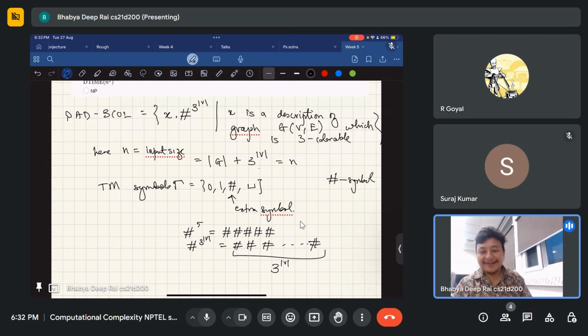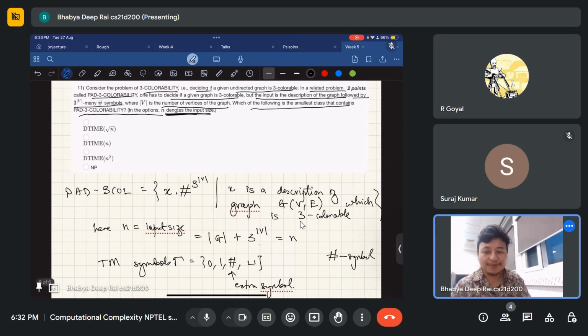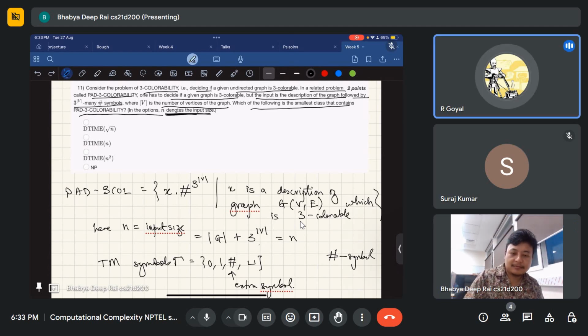Any idea? So what is the question? The question is to solve this new padded 3 colorability. You need to ignore all the hash symbols, and just tell whether whatever graph x is representing is 3 colorable or not.